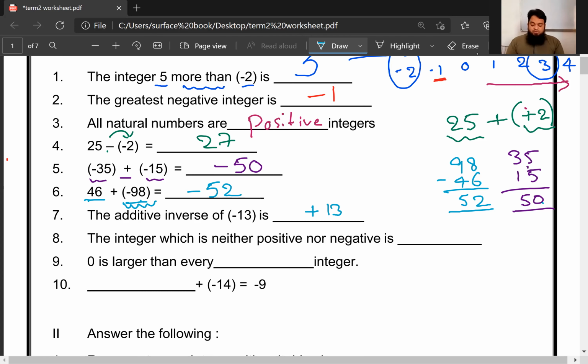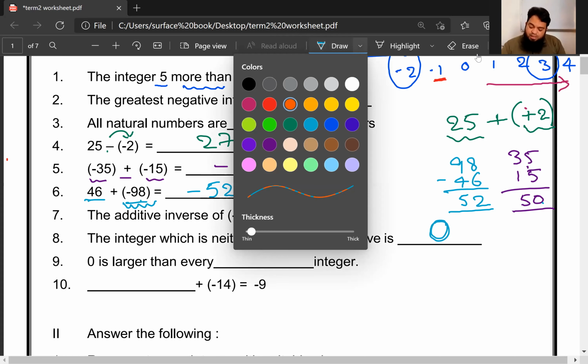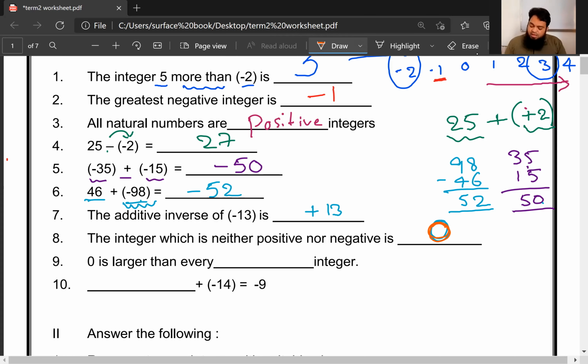The integer which is neither positive nor negative, we have seen in the number line. After 0, we have all positive numbers. To the left side of 0, we have negative integers. So what is the integer which has neither a positive nor a negative sign? It is 0. So 0 is larger than every negative integer.